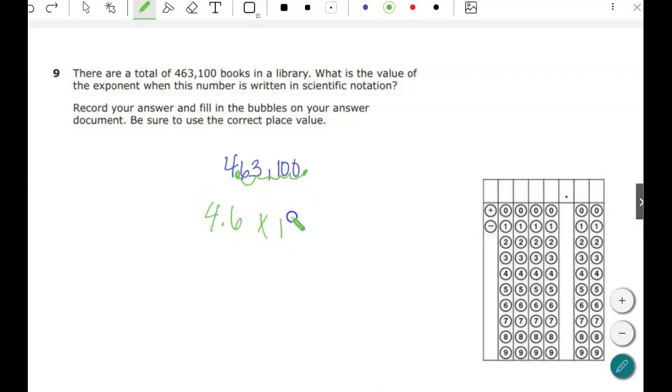And it's times 10, and then you count how many places did I move it over? I moved it over 5. It's a large number, so positive exponent. So this would be positive, and then the 5 goes here. It's just asking you to bubble the exponent.